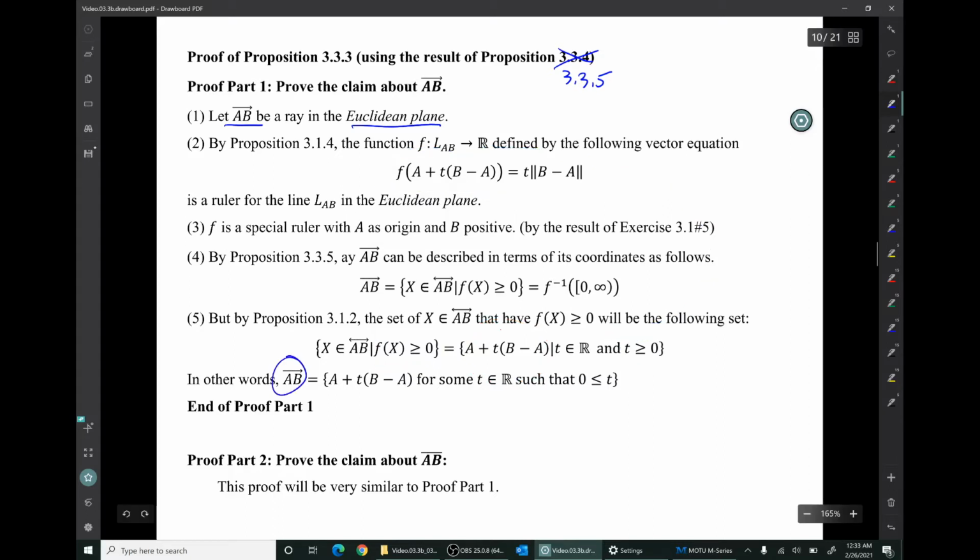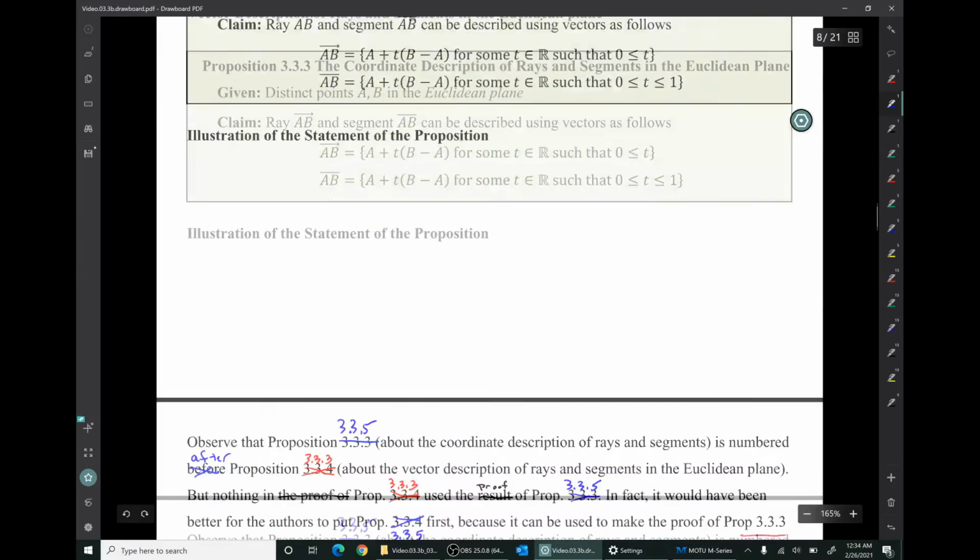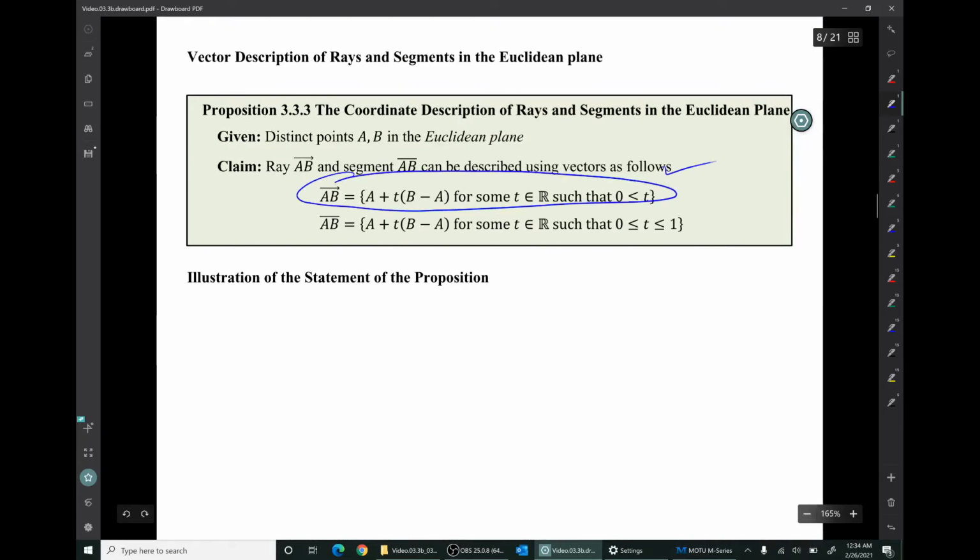So in other words, ray AB is the set of points that correspond to vectors constructed this way. We have a point A there and there, a point B there, and a parameter t here with the property that t is greater than or equal to 0. That's what we were supposed to show: that ray AB was the set of points corresponding to these vector operations. So we've proven this part of the proposition.